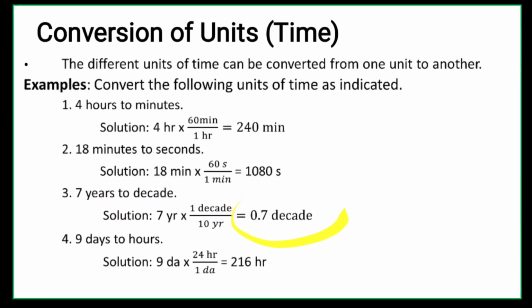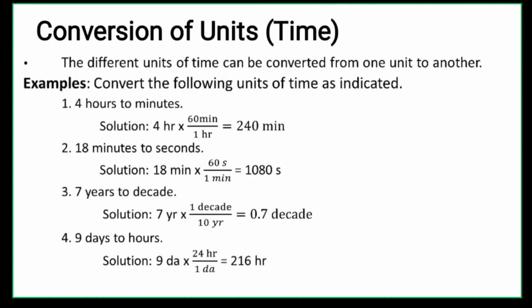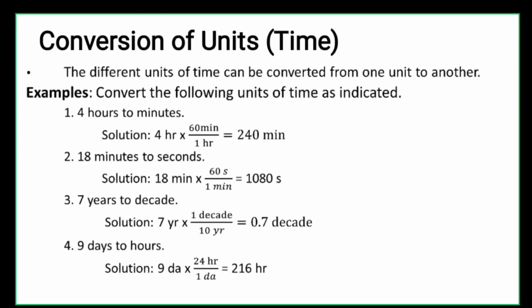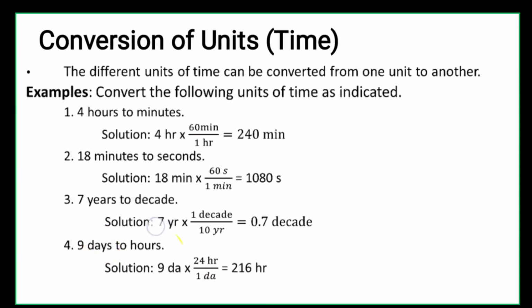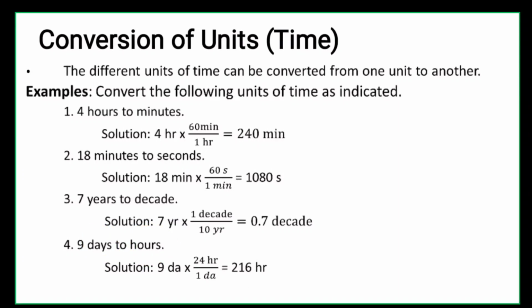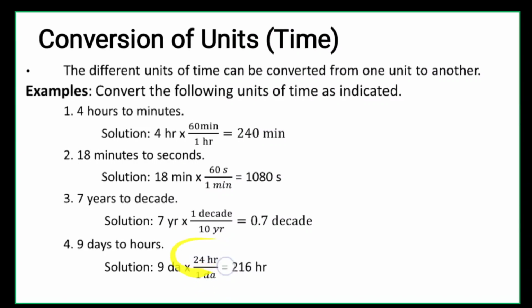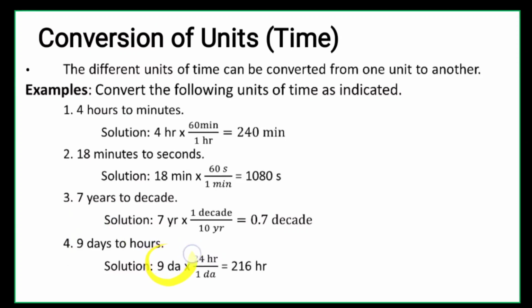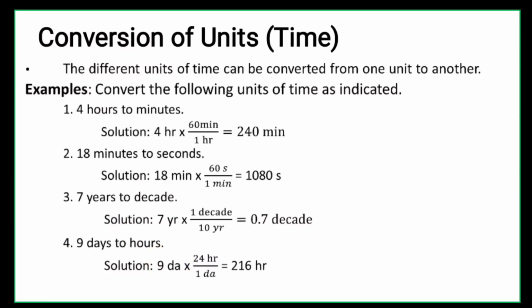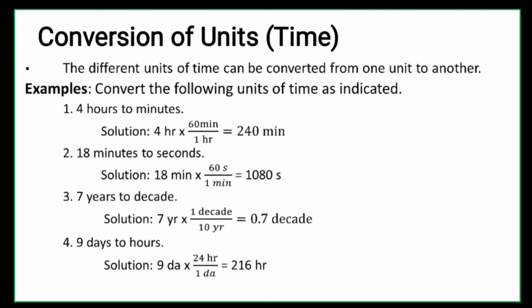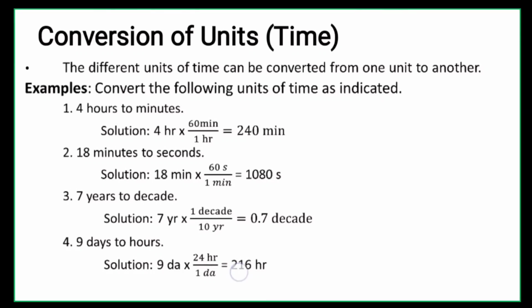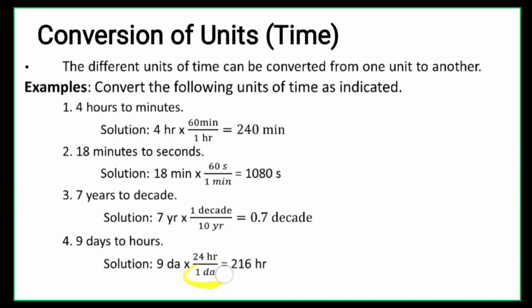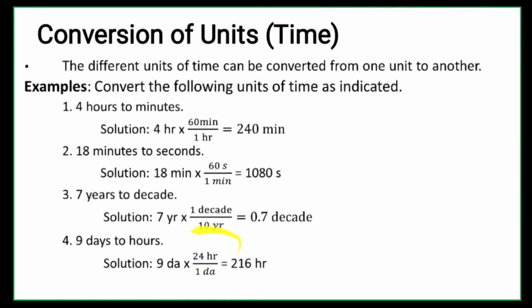Therefore, 7 years is equal to 0.7 decade. Next, 9 days to hours. We are going to convert days to hours, and we all know that 1 day is equal to 24 hours. So first, copy the given 9 days, multiply that by the fraction wherein our denominator is 1 day since our given is in days, and our numerator is 24 hours.